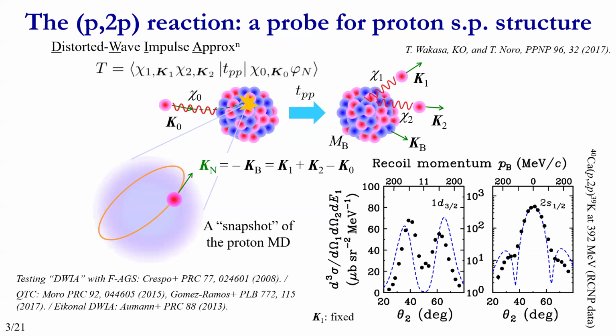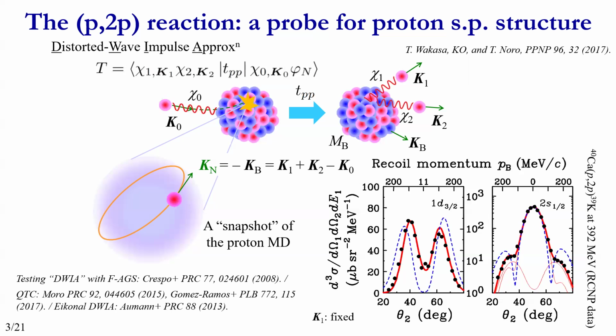Using the distorted wave impulse approximation, we can take into account the distortion effect. And by that, we obtain this red curve that perfectly explains the shape of the cross section. So I would say the distortion effect is under control. Maybe Philomena has a different opinion.